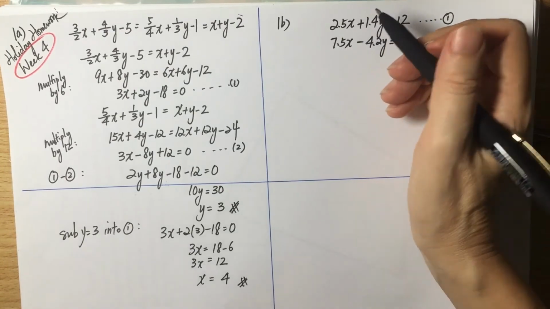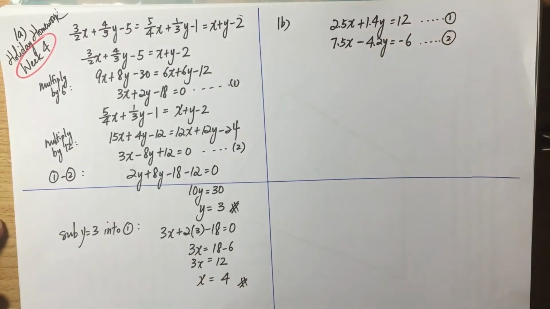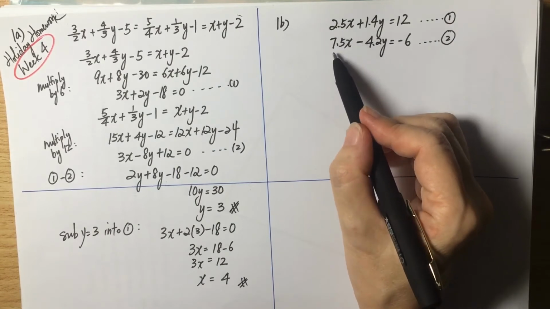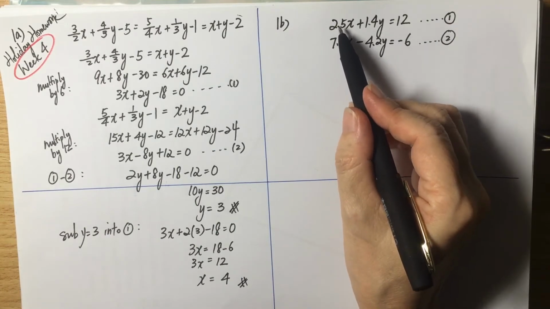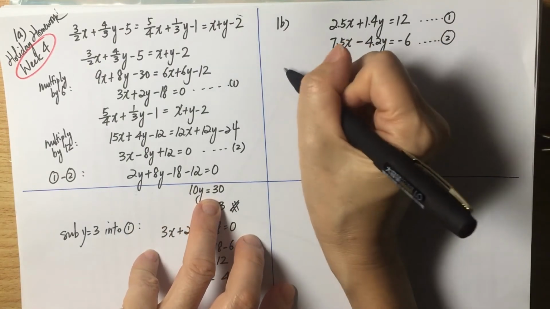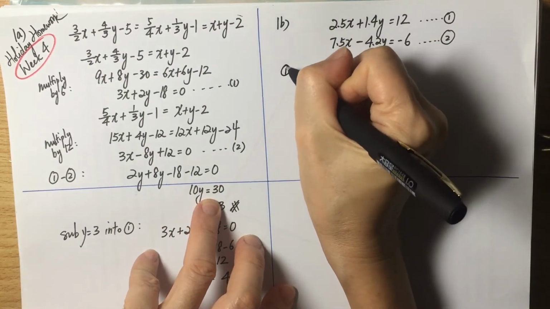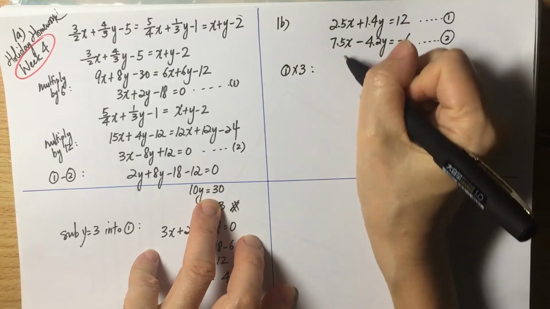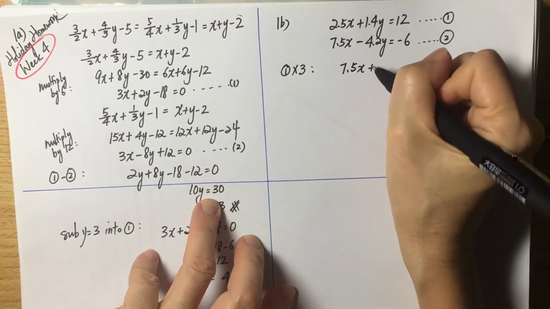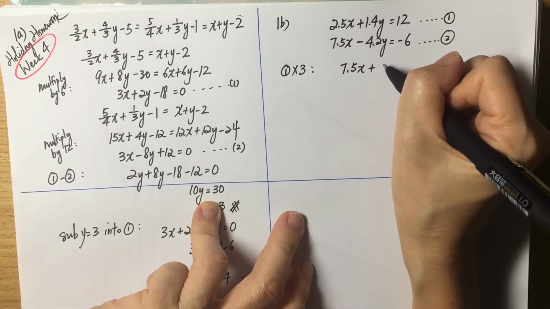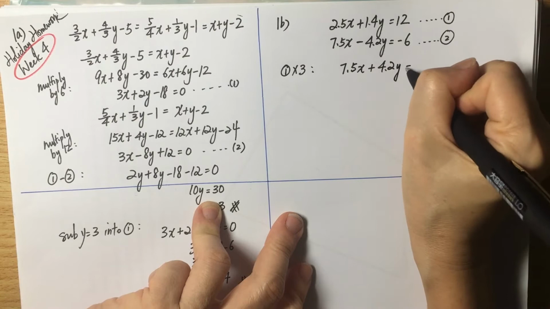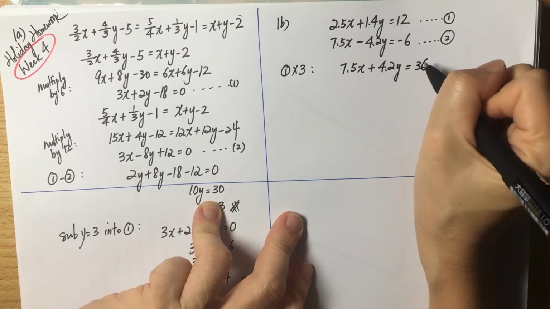Question 2. I'm going to use elimination method again. Why elimination method? Can you see that this 2.5, I can times 3 here, I'm going to get 7.5. So equation 1, I multiply by 3, I'm going to get 7.5x plus 4.2y, and that equals to 36.